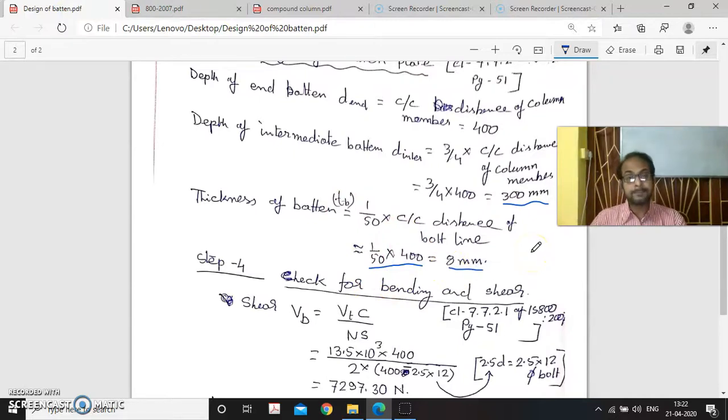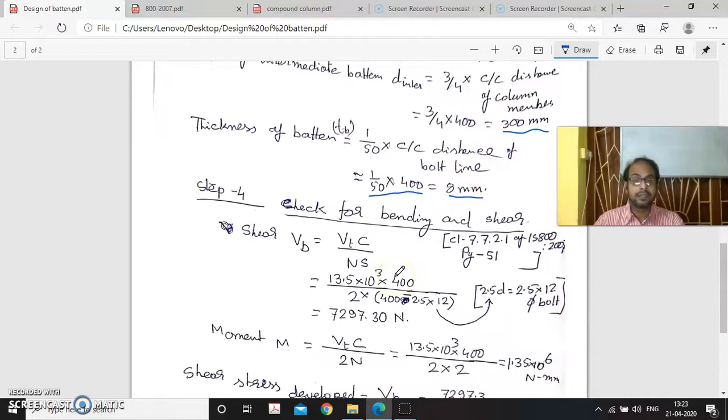So we have considered an 8 millimeter thick batten plate. The intermediate batten plate is 300 millimeter and the end batten plate is 400 millimeter.